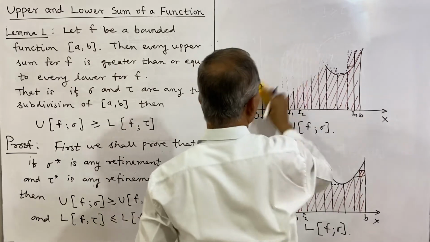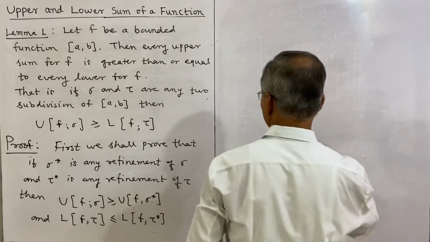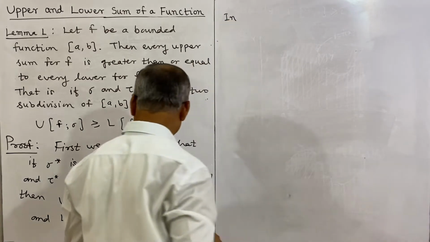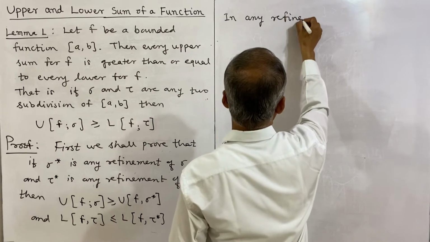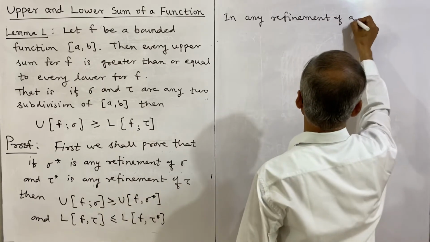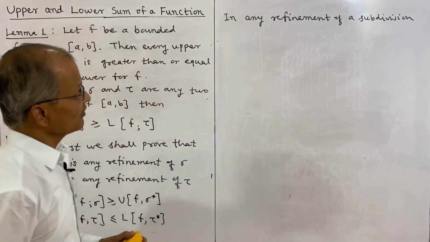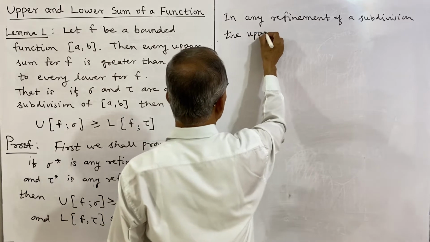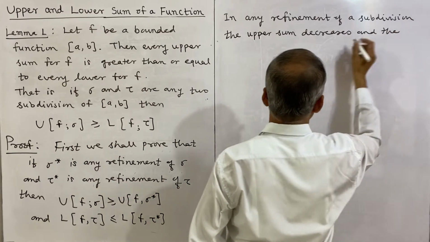So in any refinement of a subdivision, the upper sum decreases, and the lower sum increases.